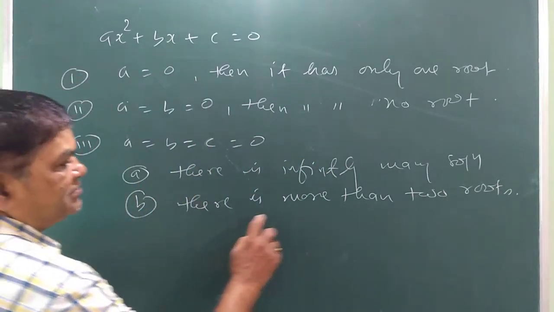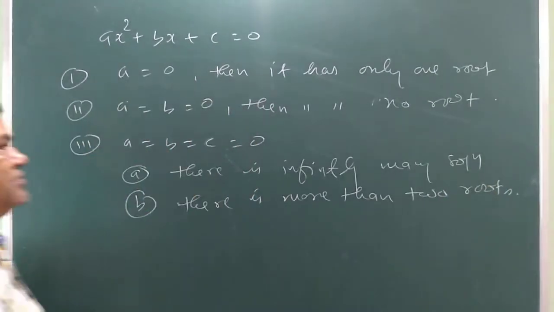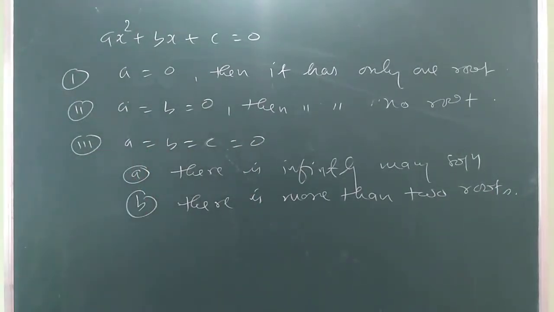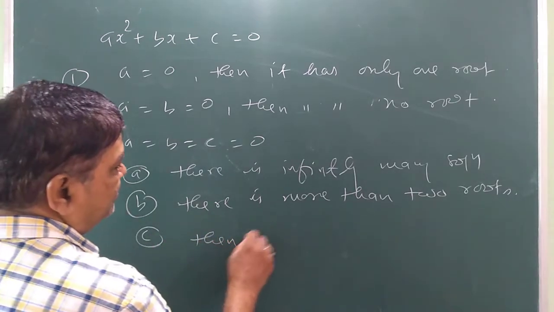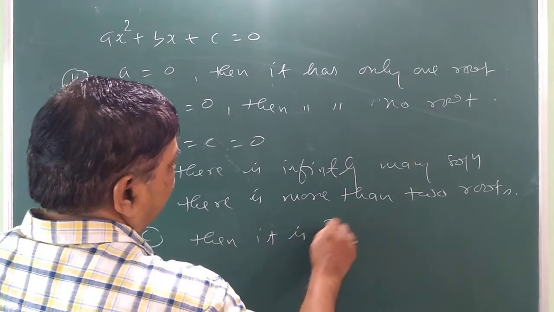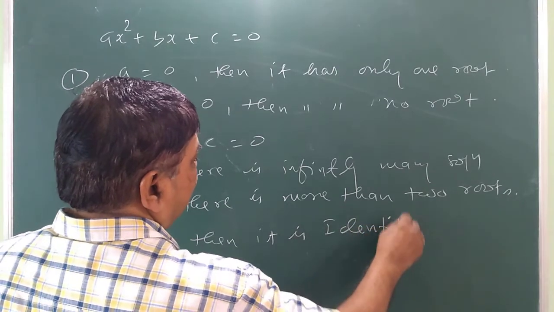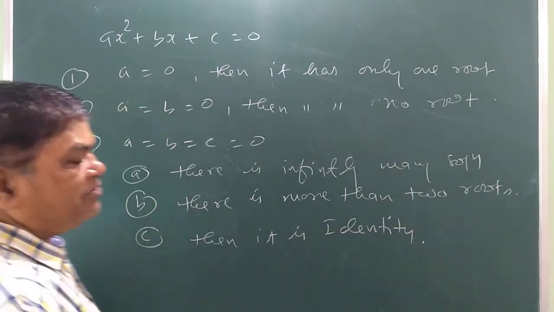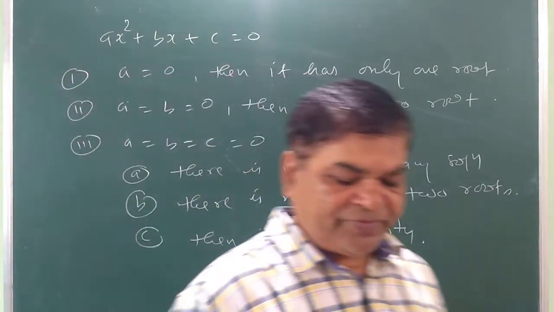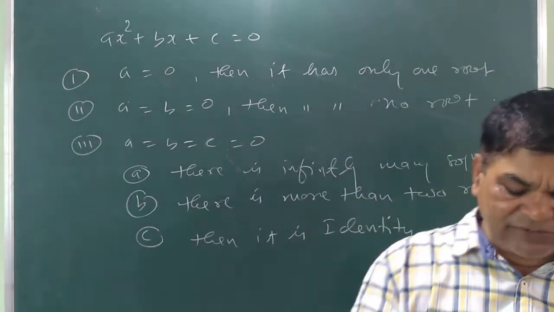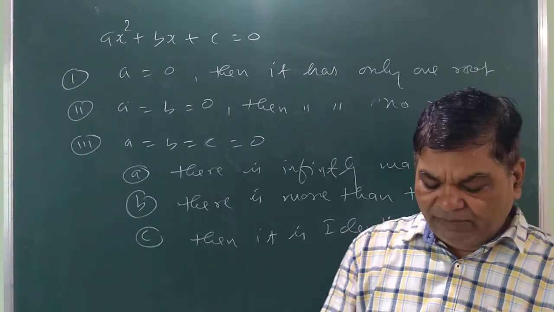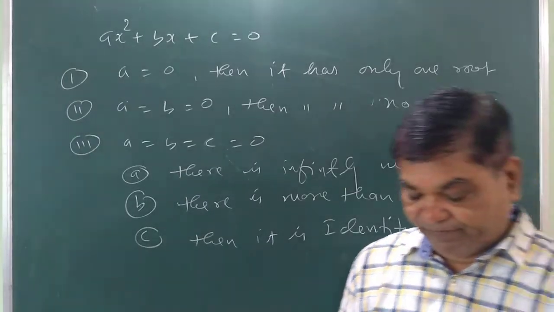So if there are more than two roots, then this case will arise, and very important one is then it is identity. This question is very important and you should remember it.